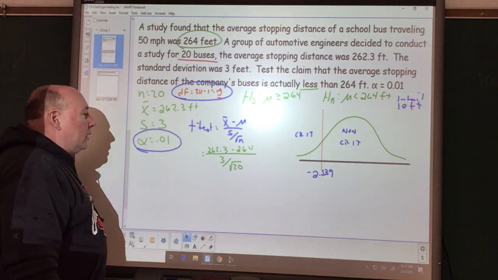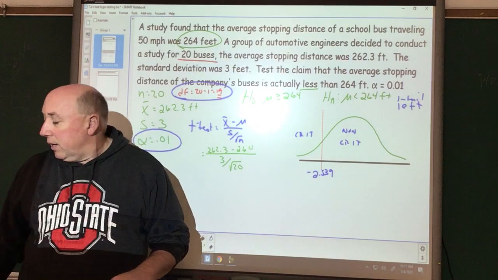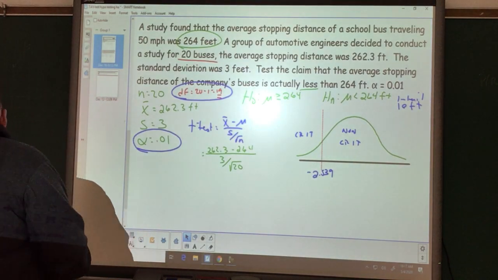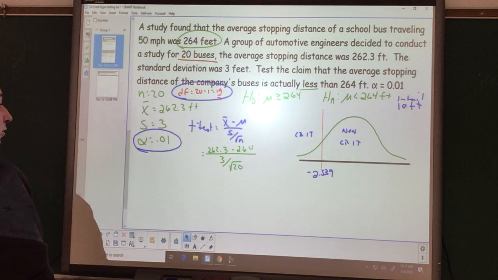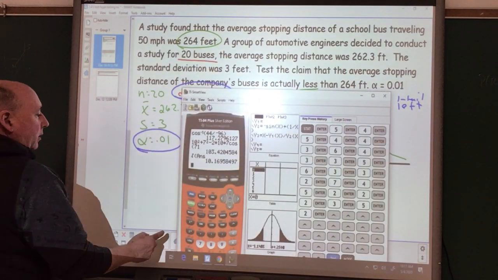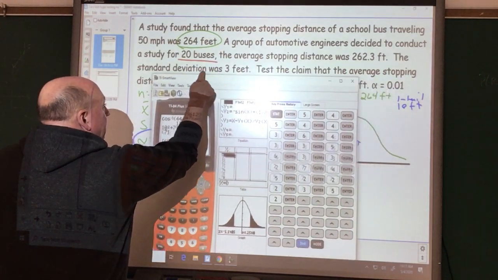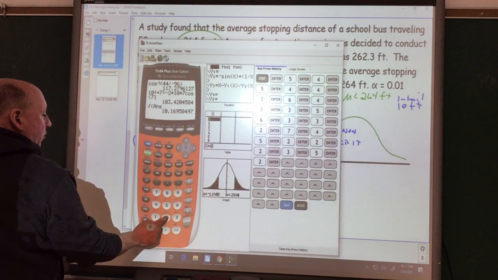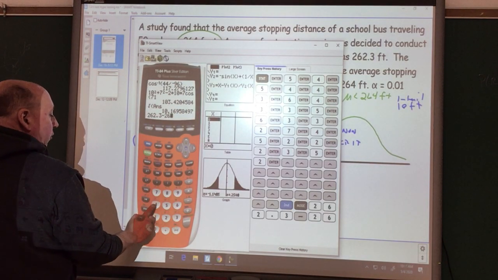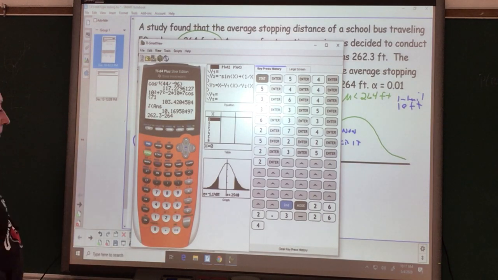Now remember what we did with your calculator: do the top value first. So we have 262.3 minus 264. Hit your enter.